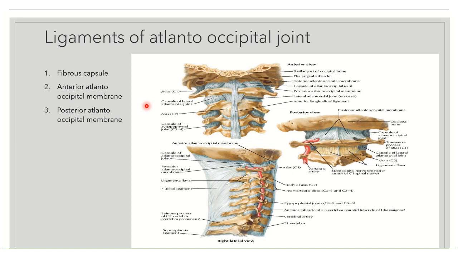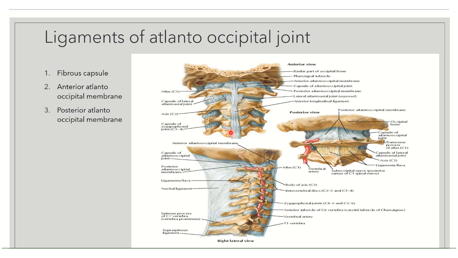Ligaments of the atlanto-occipital joint. There are three important ligaments and membranes which are related to the atlanto-occipital joint. First one is the fibrous capsule, then the anterior and posterior atlanto-occipital membranes. So this is the anterior view, this is the posterior view, and this is the right lateral view.